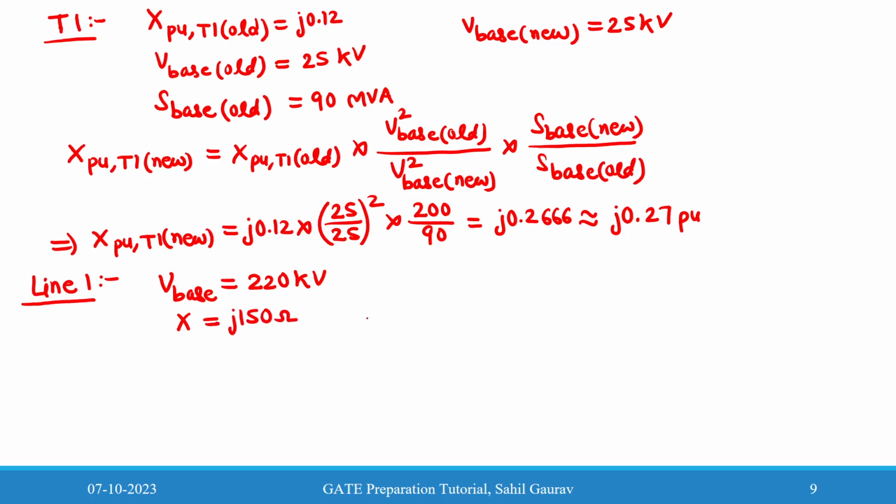So first we need to find Z base. We know that Z base is V base squared divided by S base. 242, yes, Z base is 242 ohms. Oh, you are getting 242. Yes, correct. Very good.